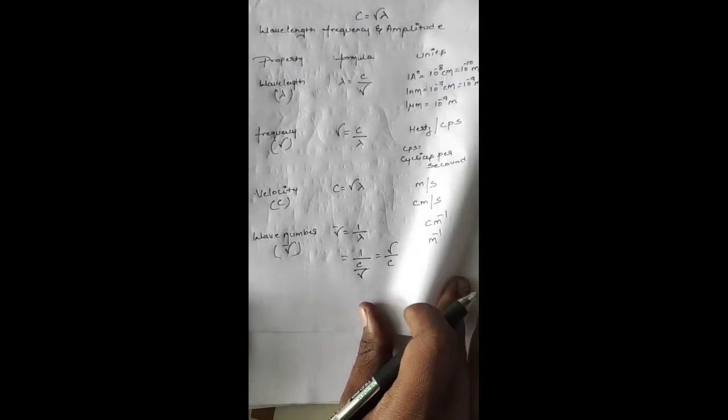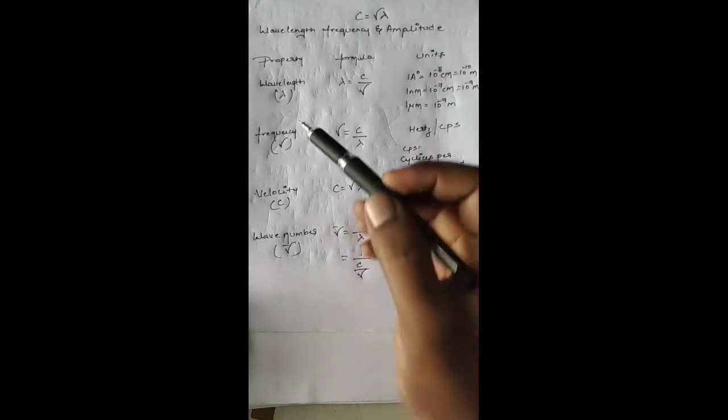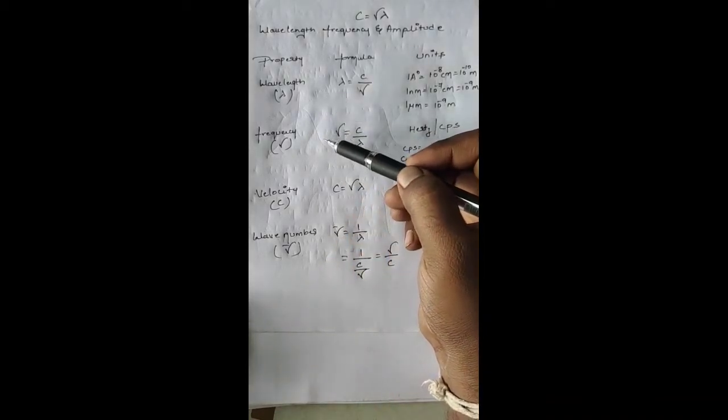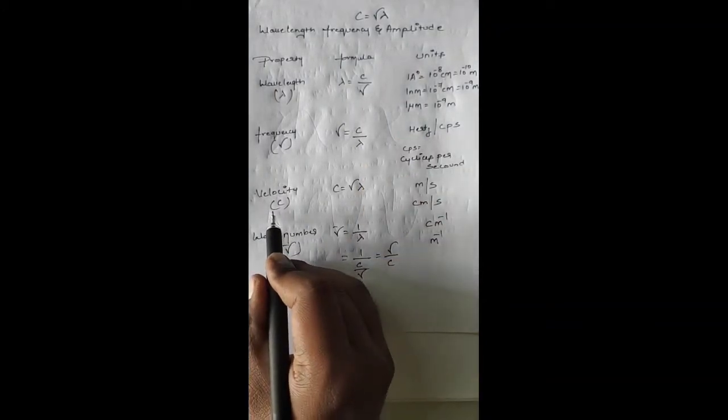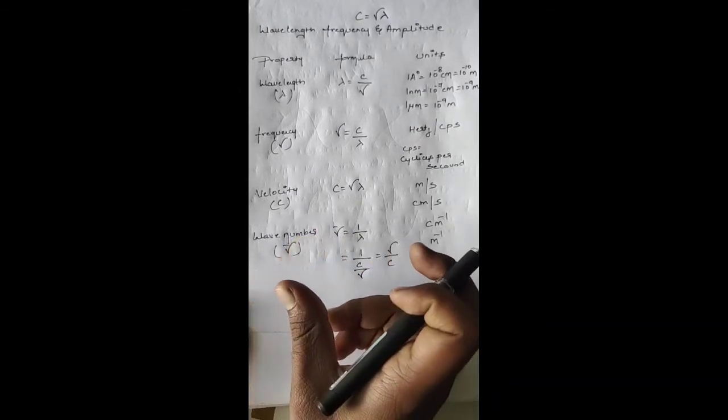Okay, next we are going to take another important topic, that is, what is velocity. Wavelength we know, frequency we know, wave number we know. I have not explained about the velocity. Velocity is nothing but the distance traveled by a wave in 1 second.